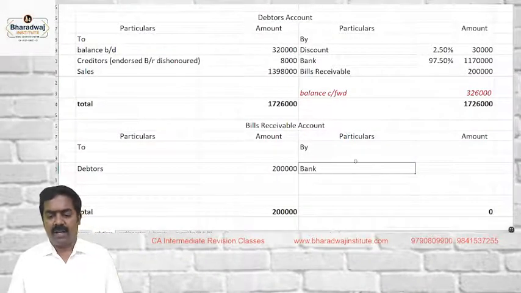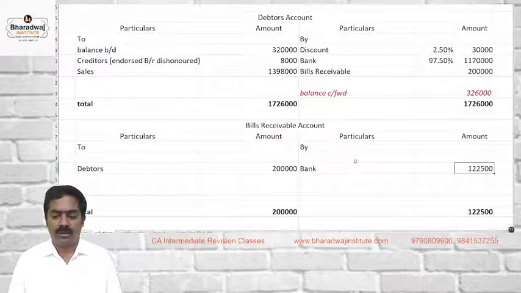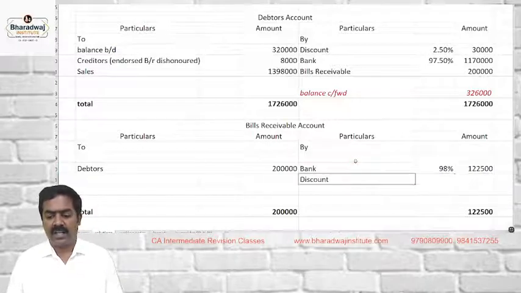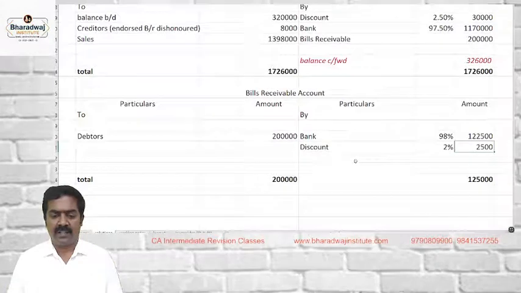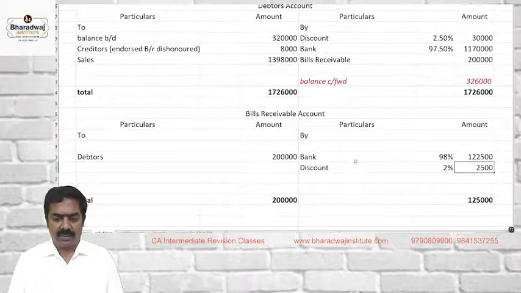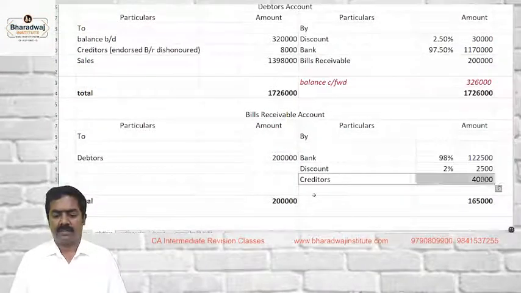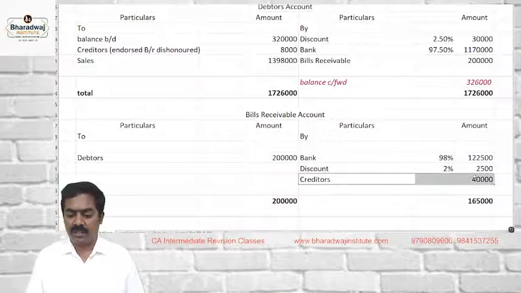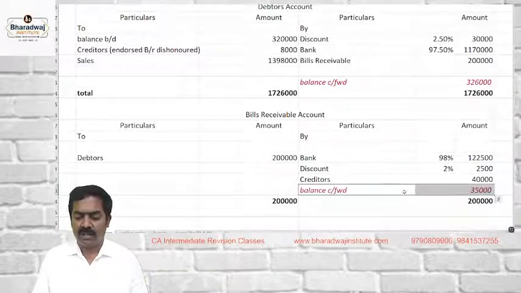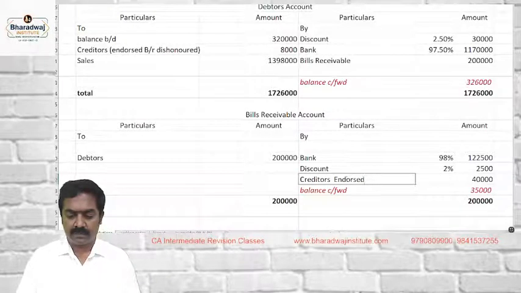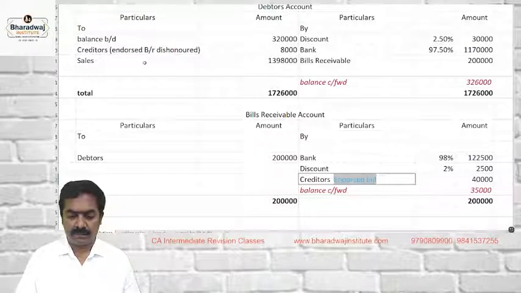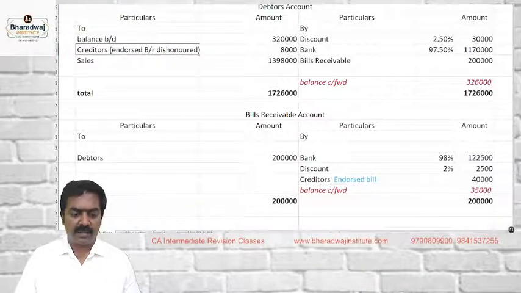By bank we collected how much? 1,22,500. If this is 98%, what is the discount 2%? You work out. 2,500 will come. Tally this, you will get the closing balance. Oh, sorry. Bills endorsed to creditors 40,000 will come, then closing balance. This is endorsed bill. This is endorsed bill dishonored.